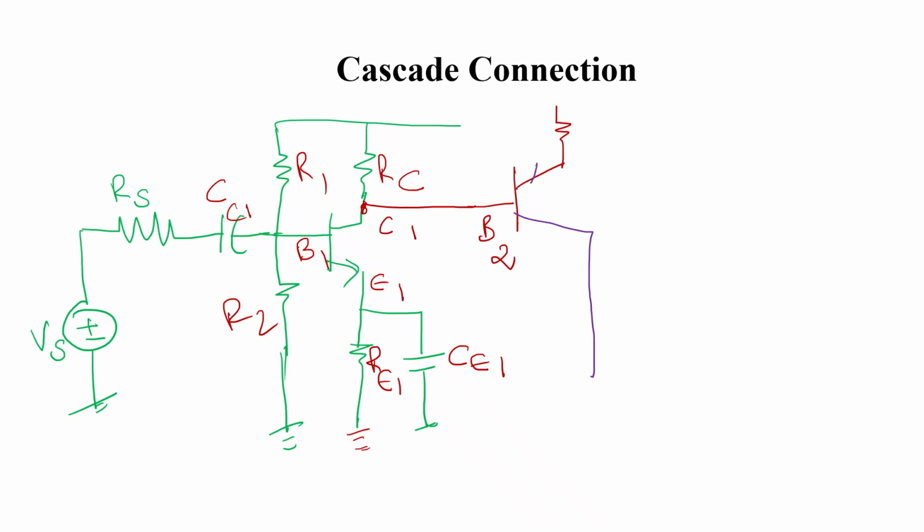The emitter terminal is connected over here, E2, collector terminal here, and it is also connected to a common ground of minus 5 volts, and here the VCC supply has to be given.